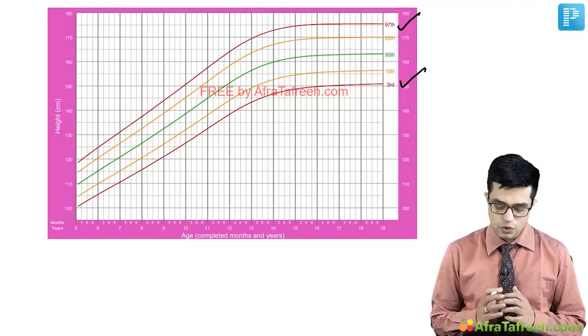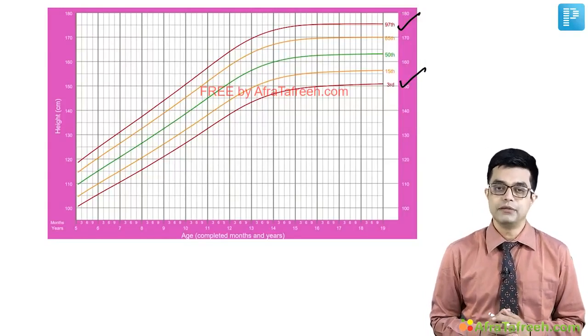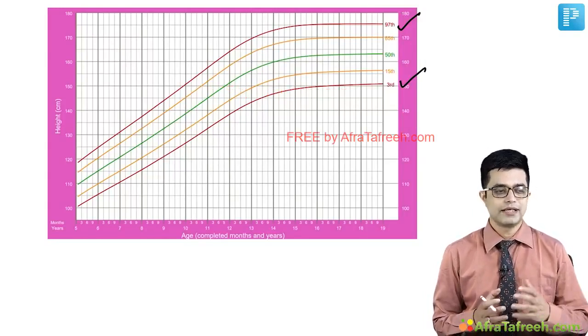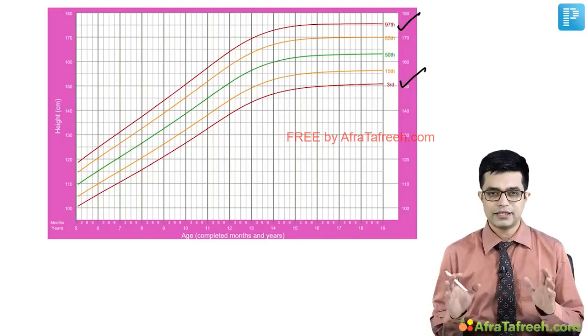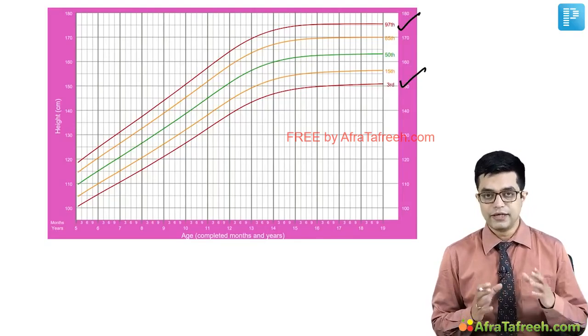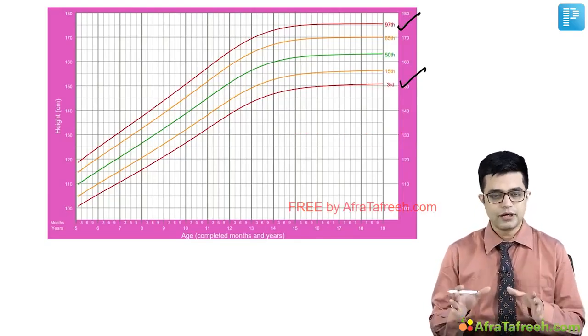Suppose a 12-year-old child comes and the height of the child is 120 centimeters. Parents say our child is not growing, he is very short as compared to other children. The child's age is 12 years. So we'll take a gender appropriate chart. If it is a girl child, we'll use a pink chart.